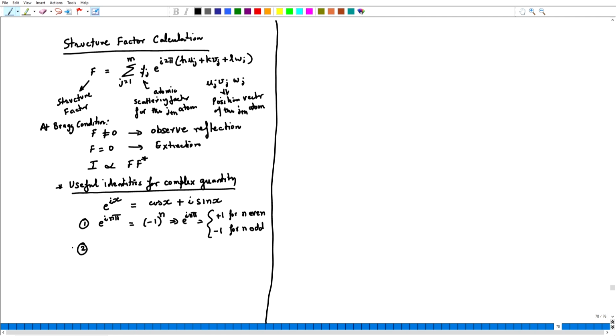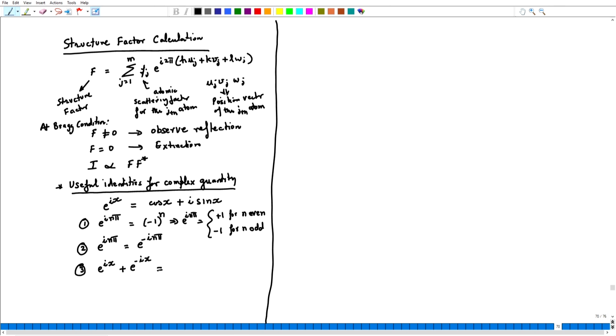Another useful identity is e to the power i n pi equals e to the power minus i n pi. And a third identity is e to the power i x plus e to the power minus i x.